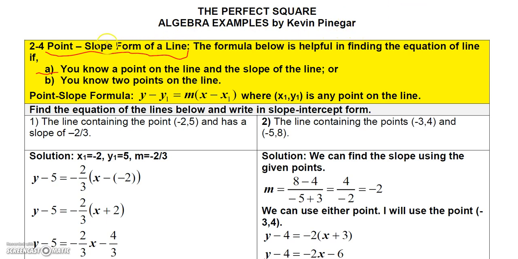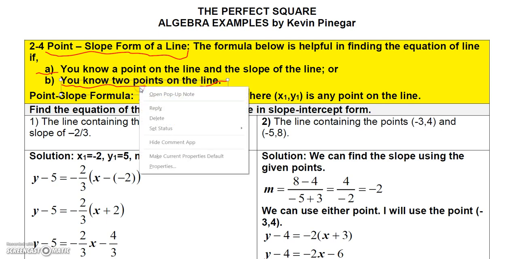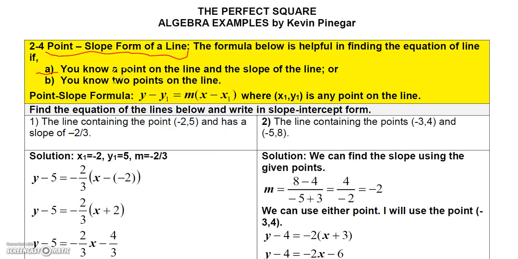And then the other situation where you can use this formula is if you know 2 points on the line. Because if you do know 2 points on the line, you can always find the slope from those 2 points. So the formula for this point-slope formula is y minus y1 equals slope times x minus x1.